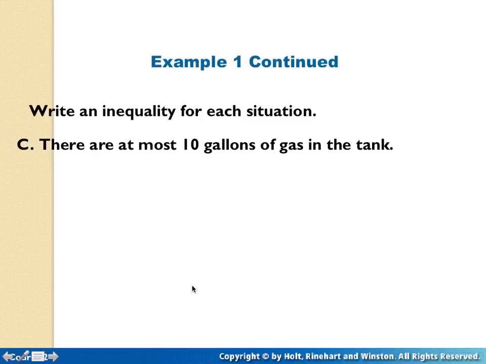All right, write an inequality for each of these situations. So there are at most 10 gallons of gas in the tank. At most 10 gallons of gas. So our hint word here is going to be at most.